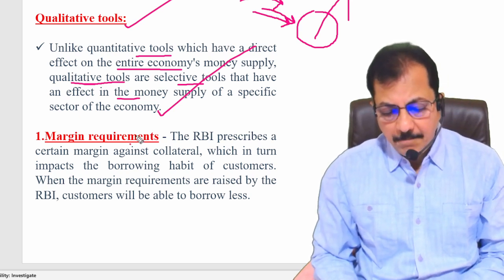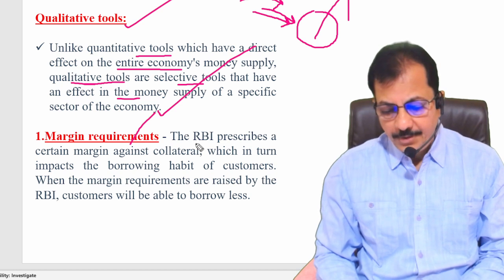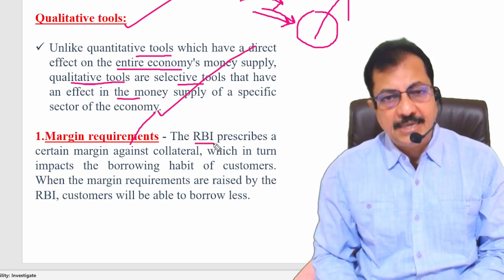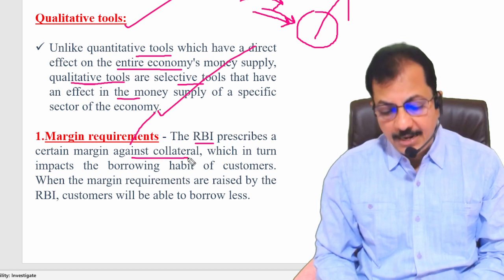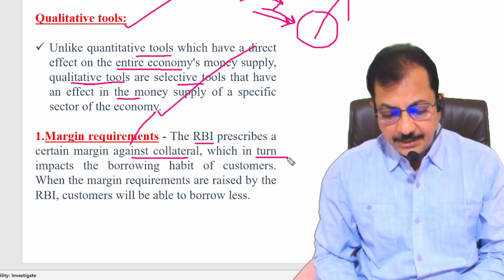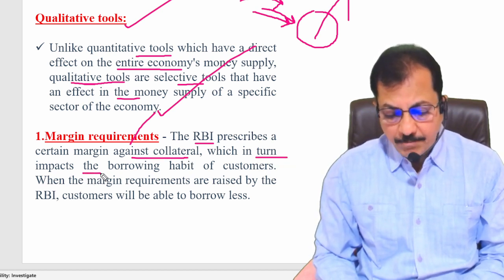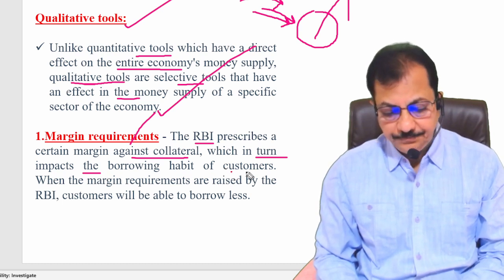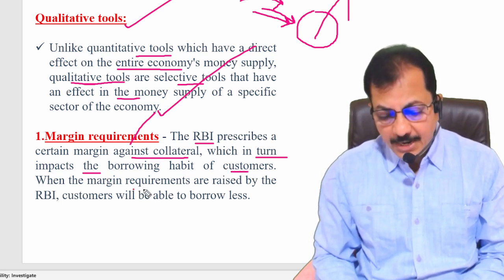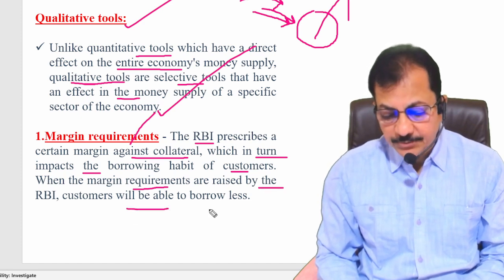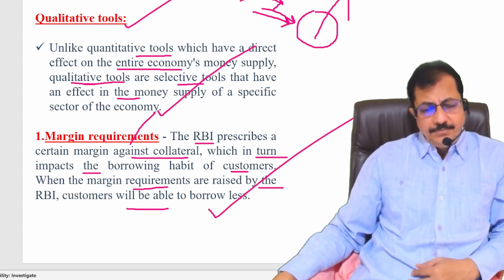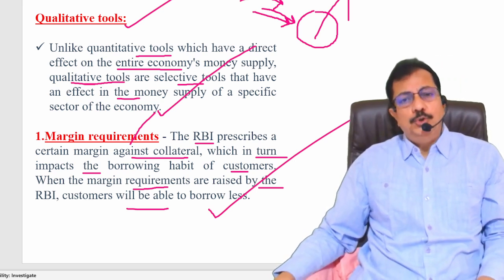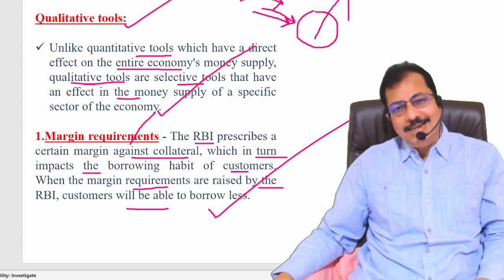One is the margin requirements. RBI prescribes certain margin against collateral, which in turn impacts the borrowing habit of the customers. When the margin requirements are raised by the RBI, customers will be able to borrow less. What do you mean by margin requirements? You have to give more sureties with respect to collaterals.